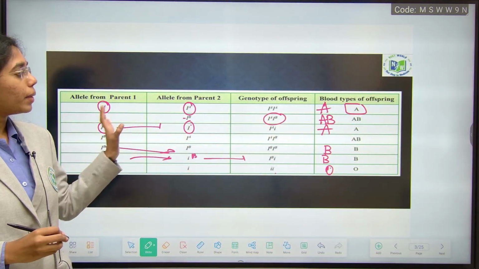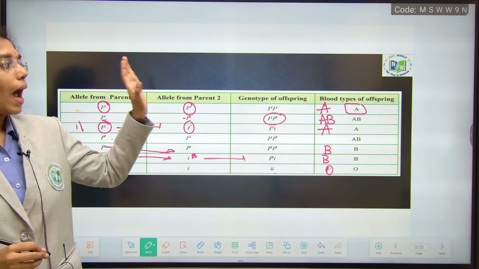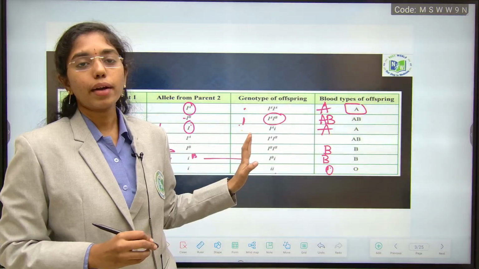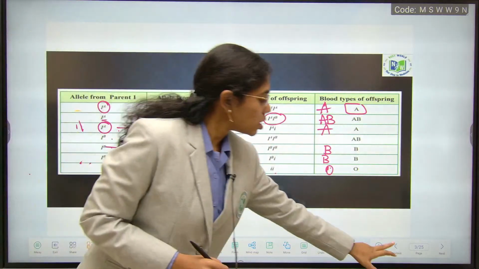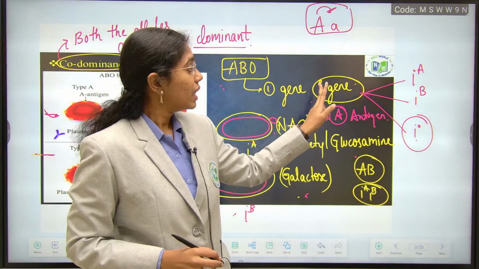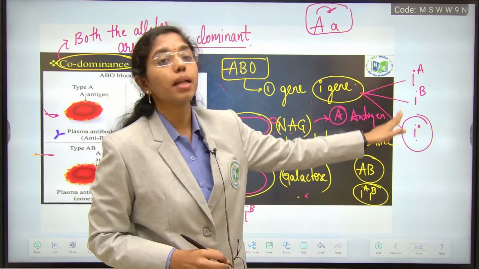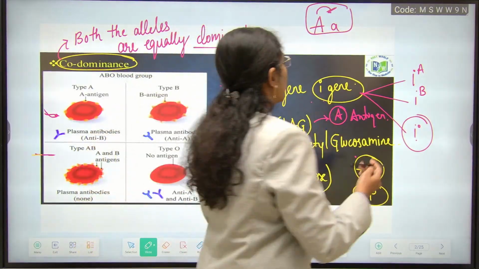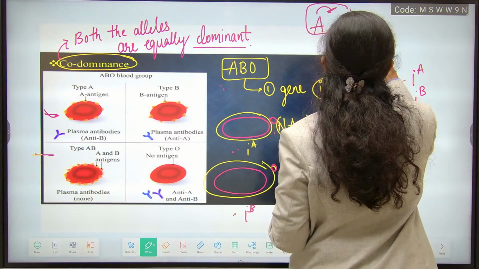The combinations of the alleles from the parents and what genotype is expected in the offspring, resulting in what blood group, is important. So this is the concept of ABO blood grouping, which is ruled by a single gene. This single gene has multiple alleles, so this will also stand as an example for multiple allelism.